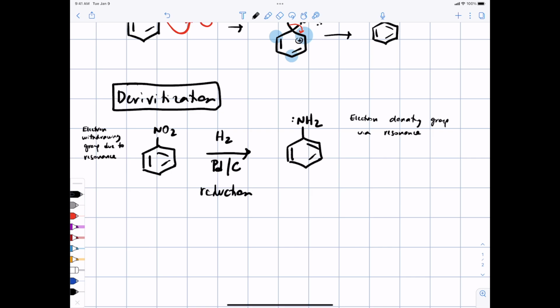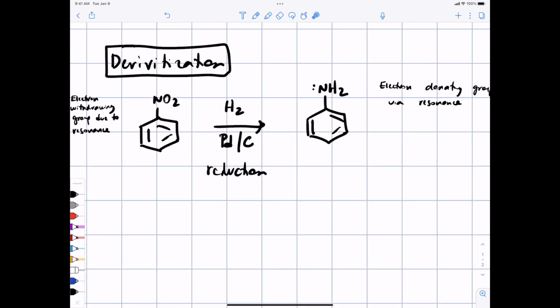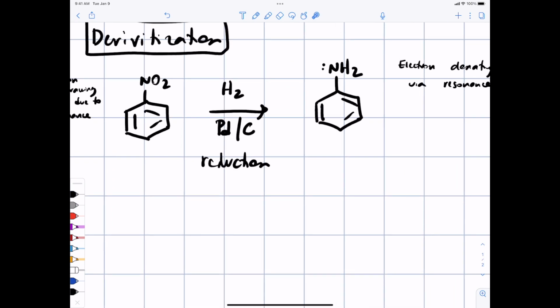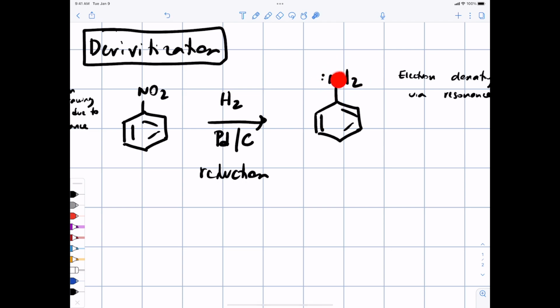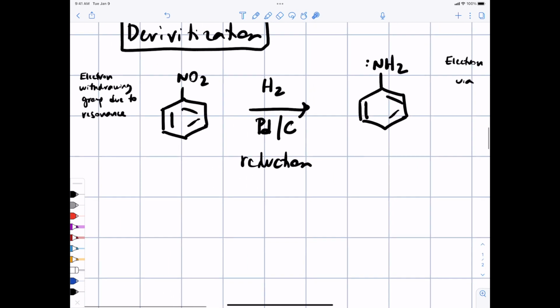And whether or not the benzene ring has a withdrawing group or a donating group on it can influence subsequent reactions. So this switch from nitro to amino group is a convenient way to change the character of the benzene ring. Is there a reverse reaction for that? Not that I know of. Is there a reverse reaction for going from the amino group to the nitro group? Not really, not that I know of.